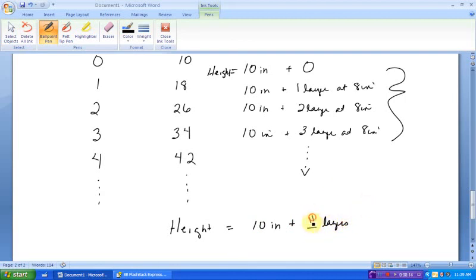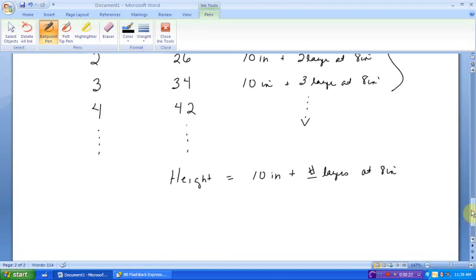Now, if I were to write this out with words, and I would put number of layers and the height of the building at so many layers equals, I'm going to have this big long sentence. But instead, I'm going to use some symbols. The height of the wall is 10 plus number of layers. Well, I don't know what that is, but I'm going to call it n, whatever that happens to be.